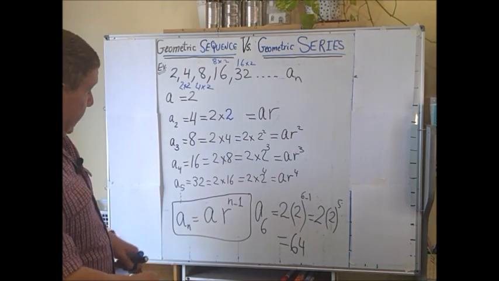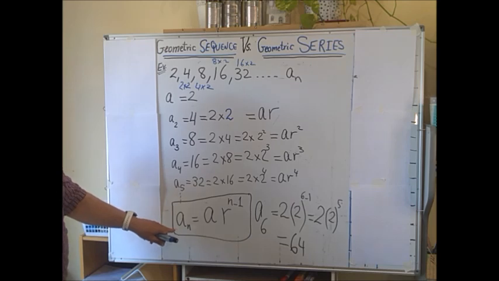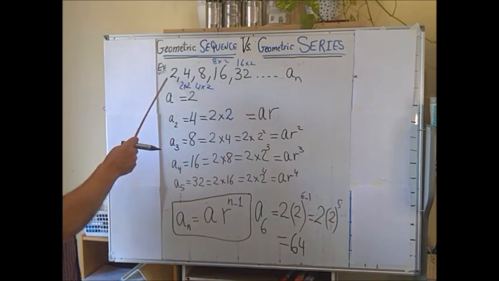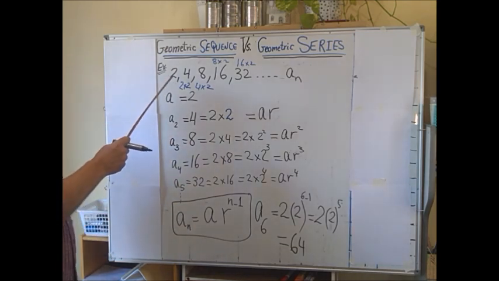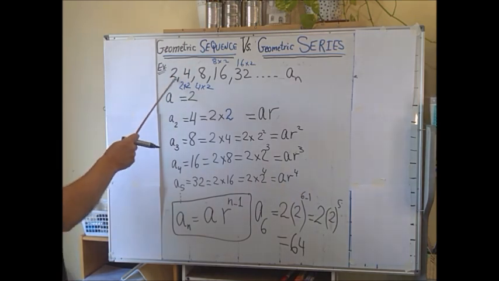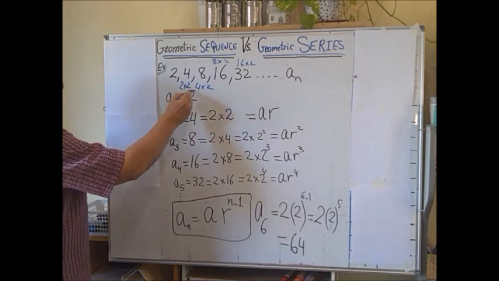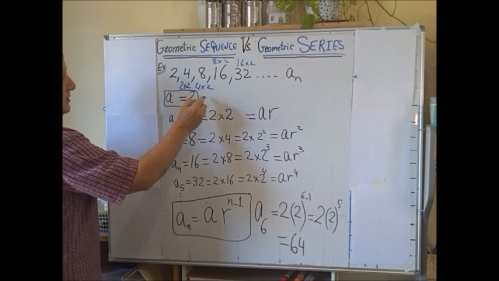We'll see how we can find any term if we are given the first term in that geometric sequence. If we know the first term, in this case the first term is 2, and we call it A. So A is the first term.